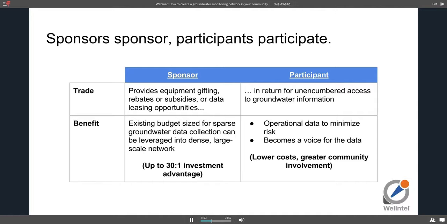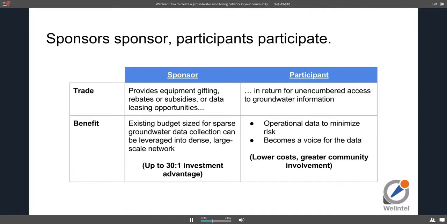Typically domestic wells used by homeowners and sometimes small farmers, who then participate in the community network, and in return for this sponsor financial contribution, provide unencumbered access to the groundwater information from their systems. Now, the benefit to these two constituents differ.